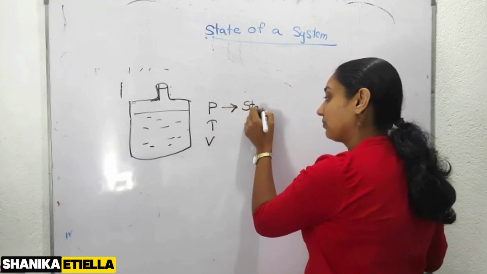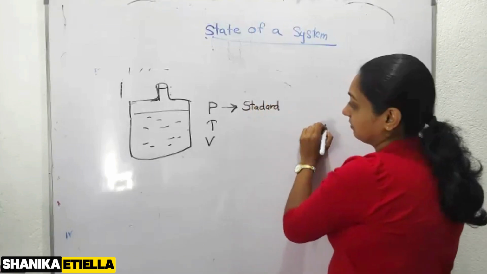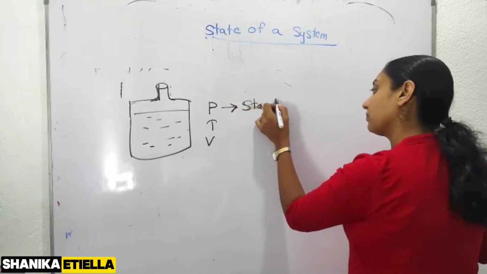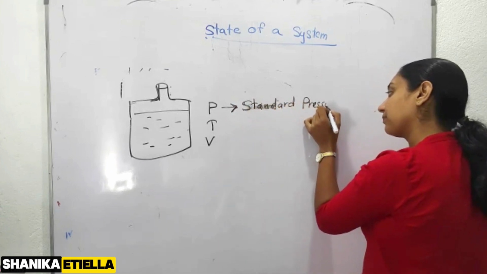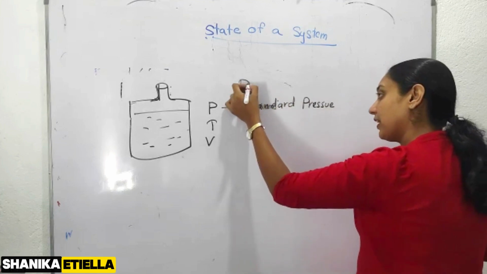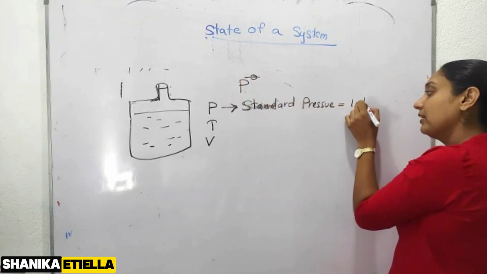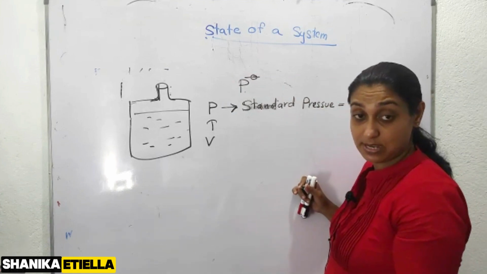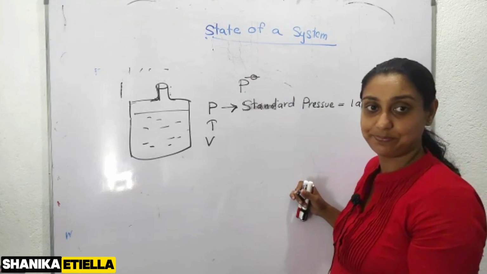Standard pressure is indicated as P norm. Normally it's 1 atm for the reactions.